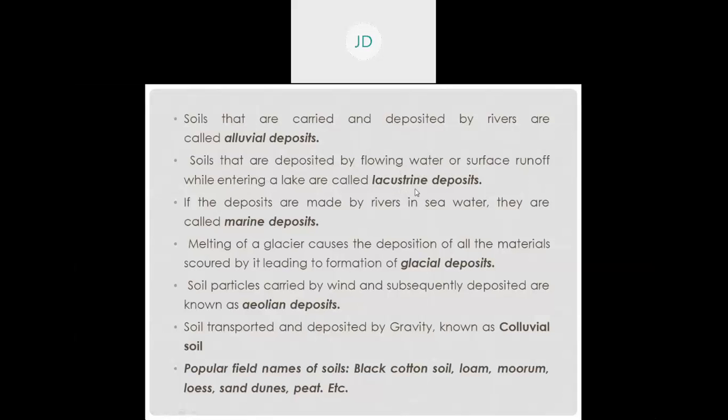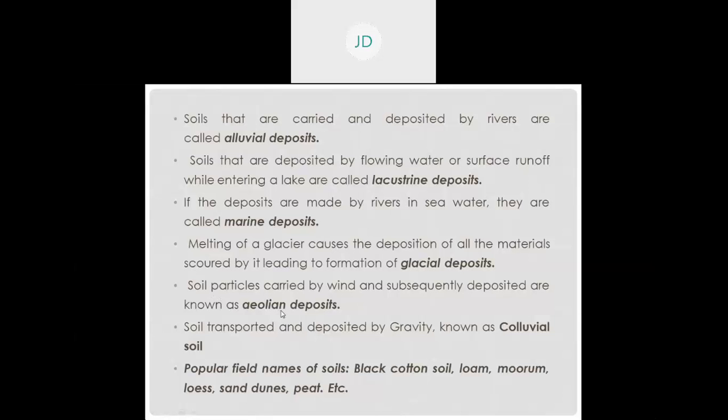are known as lacustrine. Next is glacier deposit. From the name it is very easy to understand: the rock particle or soil particle transported and deposited by ice is known as glacier deposit.